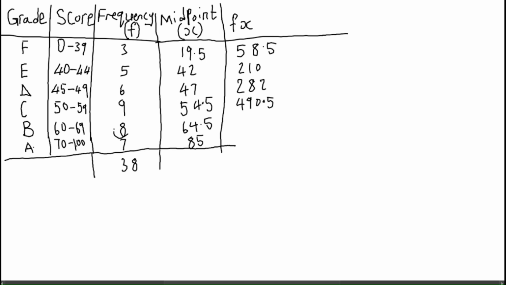Then 8 times 64.5 is going to be 516. Lastly, 7 times 85 is going to be 595.